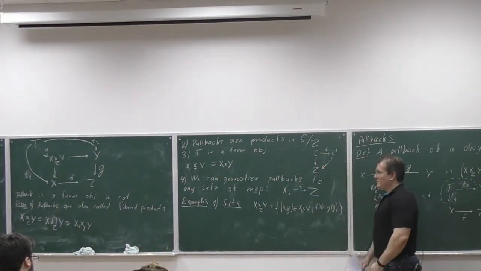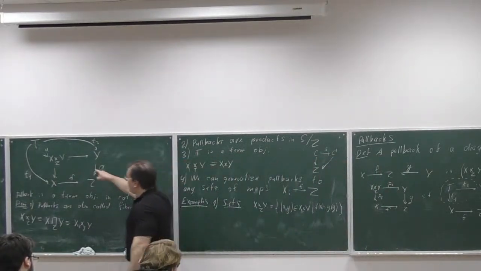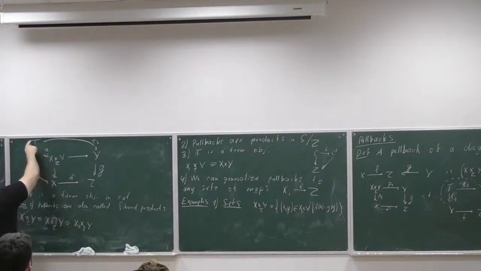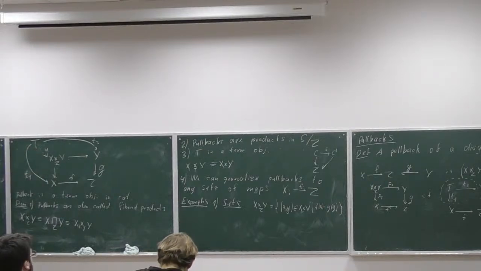Again, I guess that's not a hard exercise. If you take this set, plug it into this diagram, and if you get a map T, with T1 and T2, you'll get a map U that maps to that set.